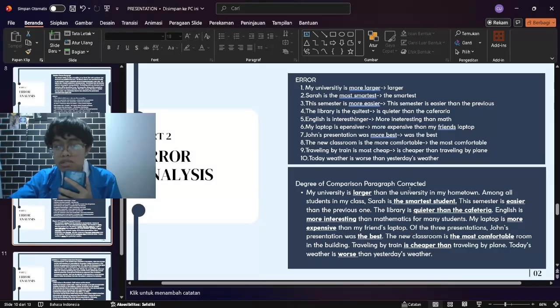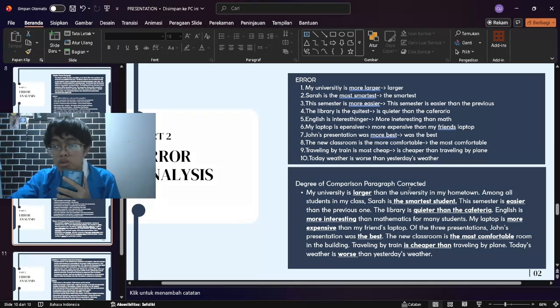The new classroom is more comfortable, change it to the most comfortable. Yeah, change it to the superlative structure. Traveling by train is most cheap, change it to cheaper than traveling by plane.